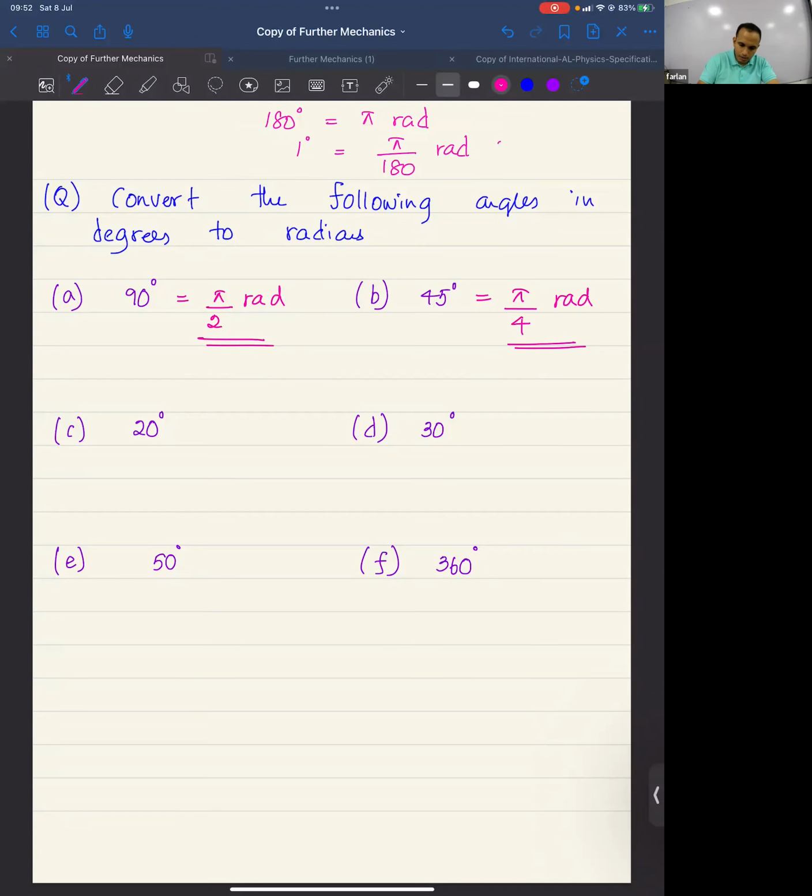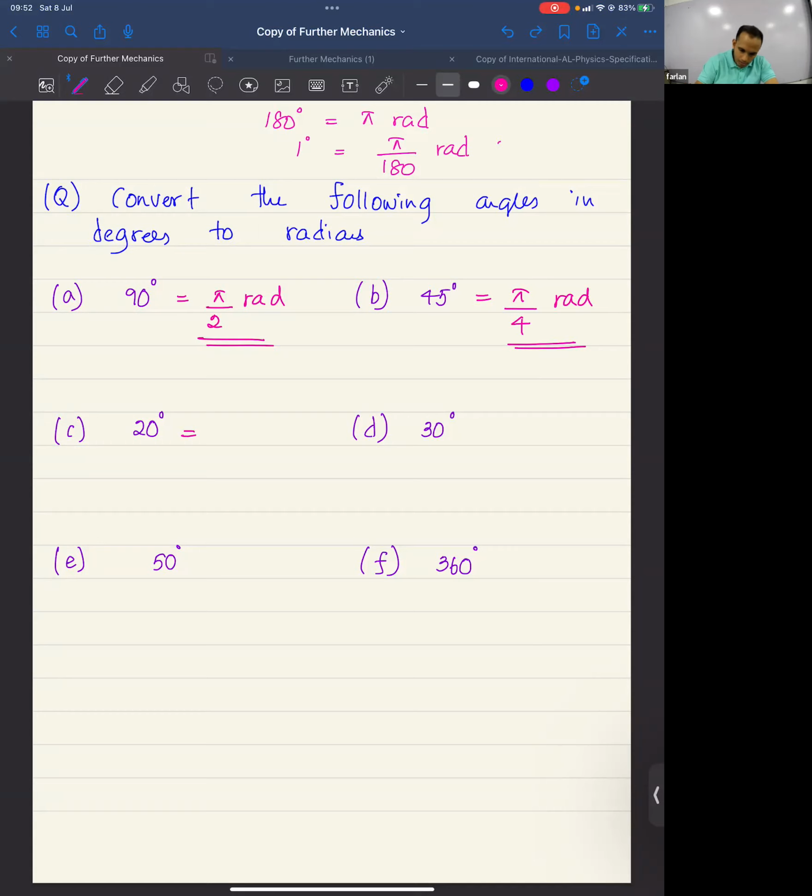So 20 degrees means, now here see guys, 180 is pi, so 1 degree will be pi over 180 radians, right? Correct? 180 degrees is pi radians. So 1 degree is pi over 180 radians.